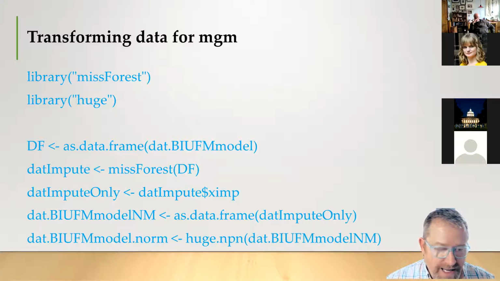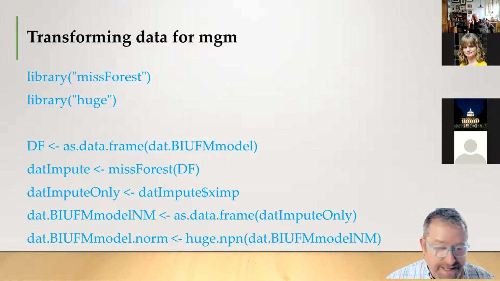And oddly enough, the dat impute data frame seems to have both the unimputed data there and the imputed data there. If I want just the imputed data, then I have to use this $ sign within this data frame to say, show me just the imputed data, which is this ximp, and I put that into a data frame.